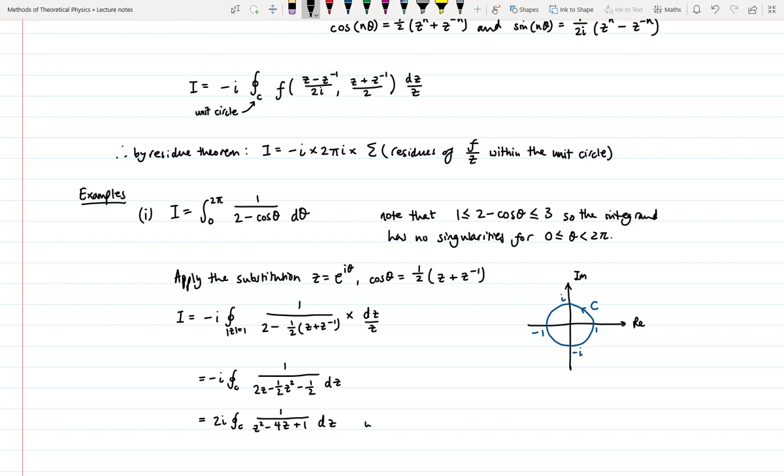And using the method of residues, we do indeed know how to compute this. We've gone from having a finite single-valued real function to a complex function that has singularities whose residues we're interested in.